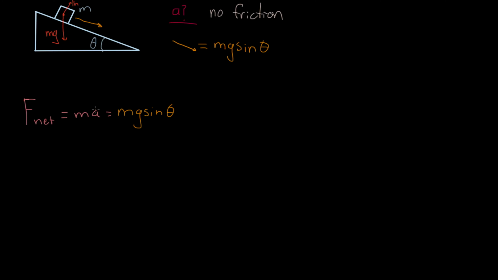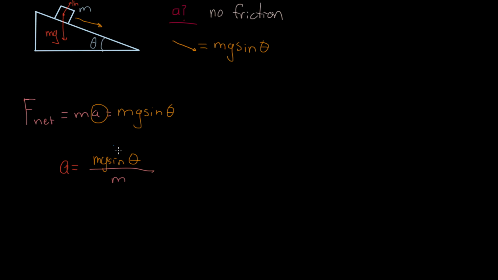We can then solve for this acceleration, which is what we're trying to solve for, which will give us that the acceleration a is going to be mg sine theta all over the quantity m.